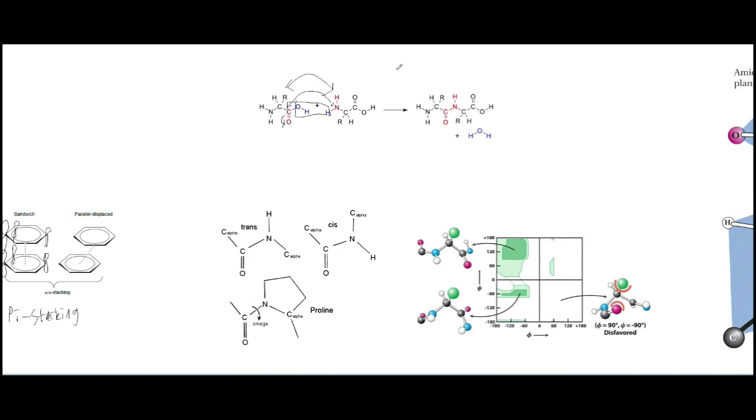We get an intermediate which will have something like this. So this should be bound to that, and this will go on to the rest of the amino acid. This will go on to the rest of its amino acid. We'll call them R1 and R2.